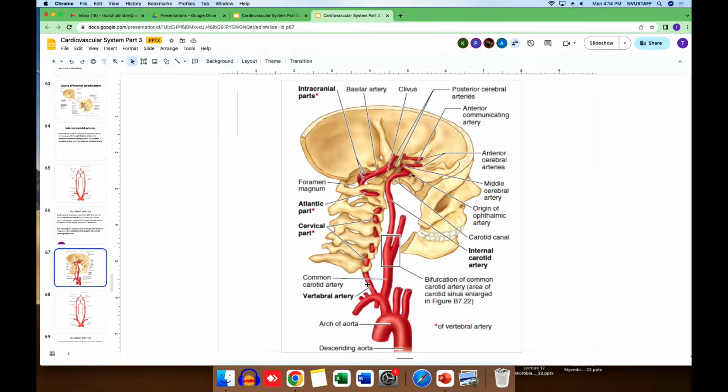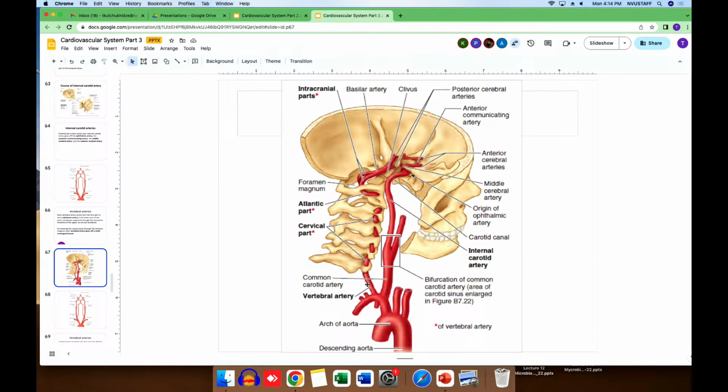Each vertebral artery arises from the first part of our subclavian artery, right? In the lower part of the neck, and it passes superiorly through the transverse foramina of the upper six cervical vertebrae. And as you see here, we see how the cervical parts go through the transverse foramina as if the vertebral bodies are screwed onto each other, right?